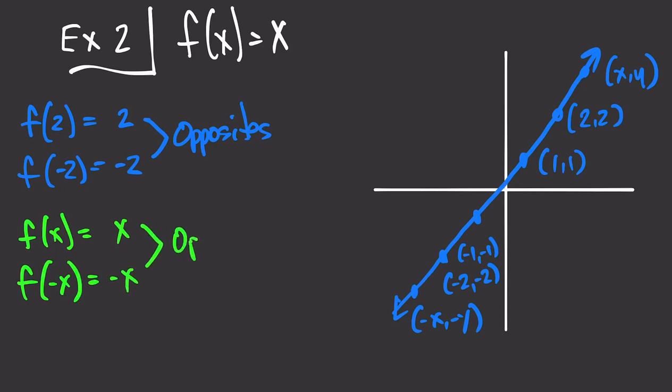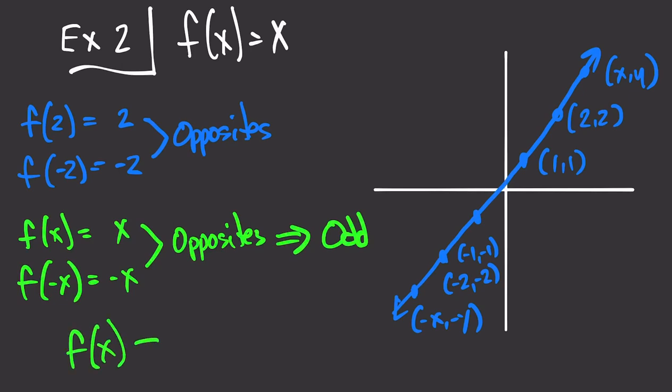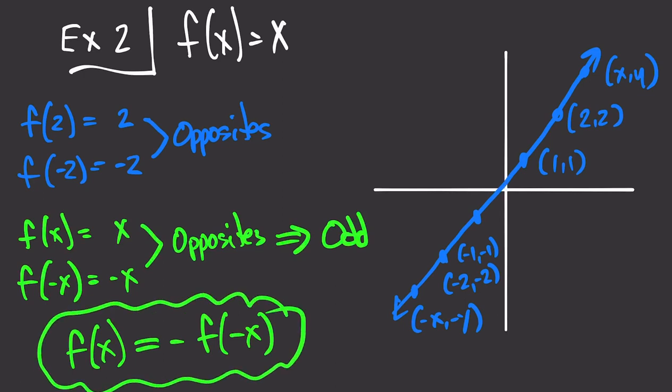Since those are opposites, that makes my function odd. So what I need to prove here is f of x equals the opposite, negative f of negative x. If this is the case, then my function is odd. If those two are exactly equal, then it's even, and if it's neither one, then we would say neither.